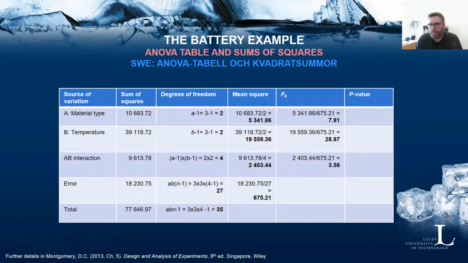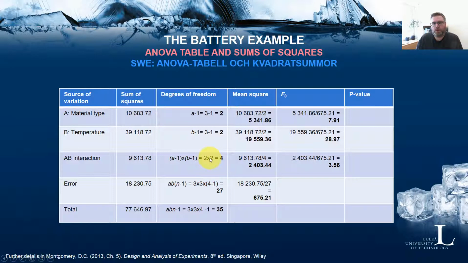And we have the sum of squares here, which you can consider to be a measure of variation or variability. We also need the degrees of freedom. For the material type it is the number of levels minus 1. We have 3 levels, minus 1 is equal to 2. So we have 2 degrees of freedom for the material type, and 2 for the temperature. For the A-B interaction, we have A minus 1 times B minus 1, which is equal to 4.